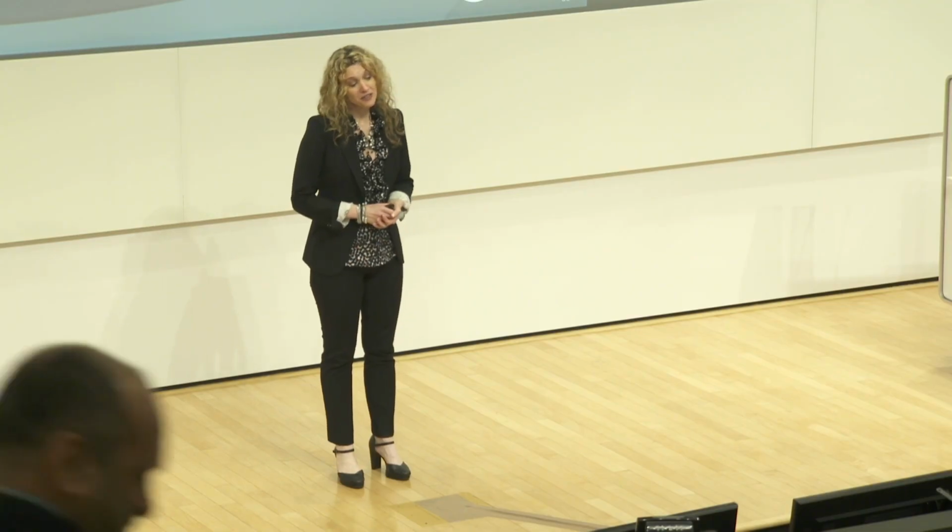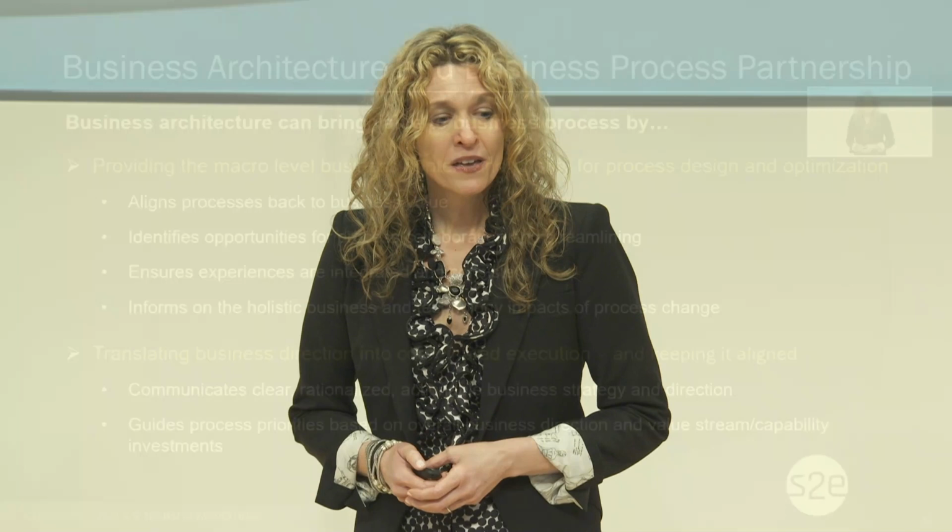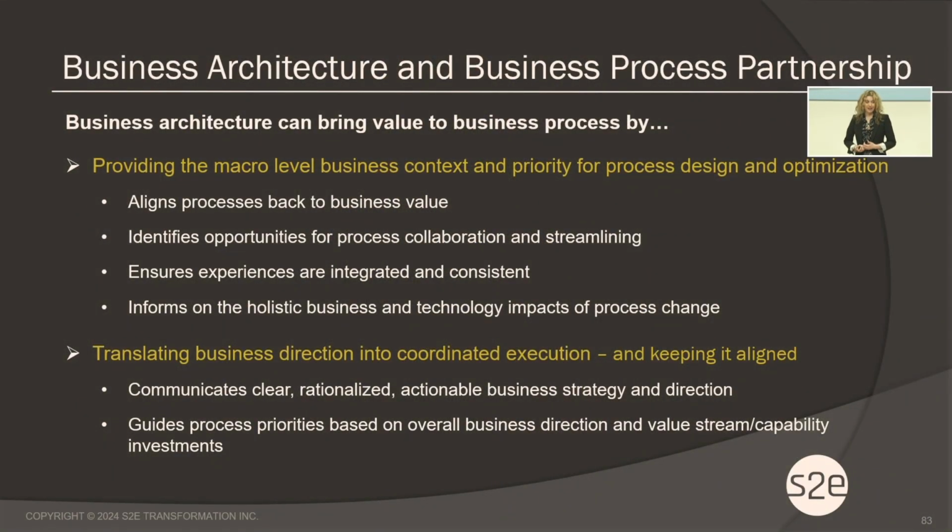Okay, so now let's look at how business architecture and business process partner together. Again, two mutually beneficial disciplines that work very, very well. So we have the two sides of the coin here again. Business architecture gives us that macro level business context and priority for design. And it also helps to translate business direction into coordinated execution, both of which are very relevant from a process perspective. So from a design perspective, business architecture can help to bring processes into the value stream context, into the broader business value context.